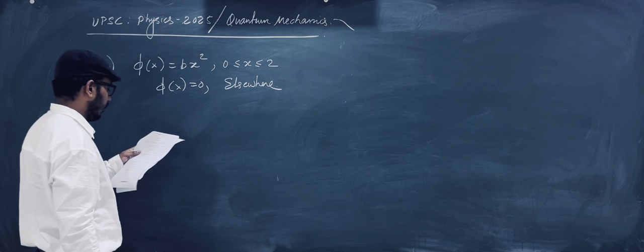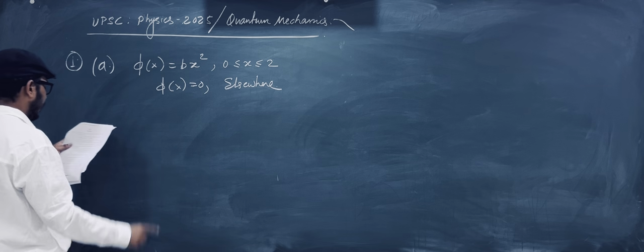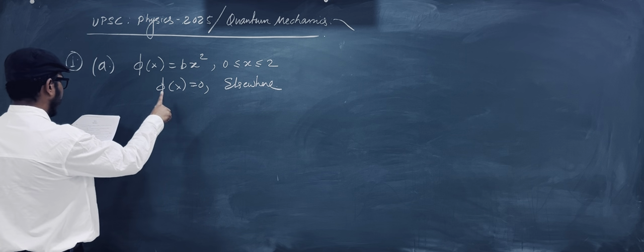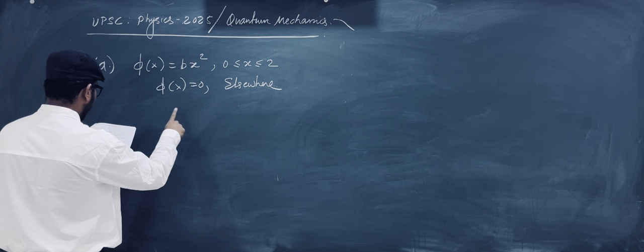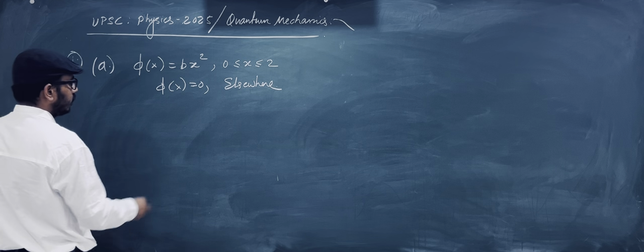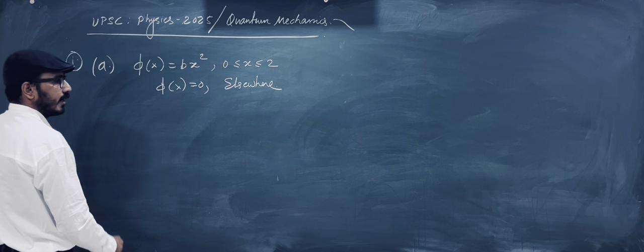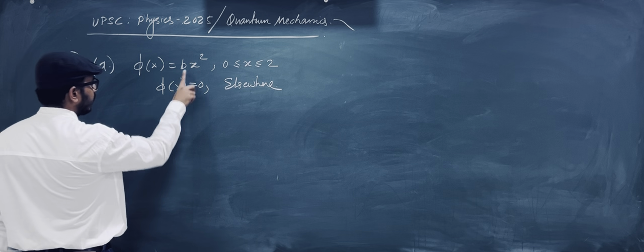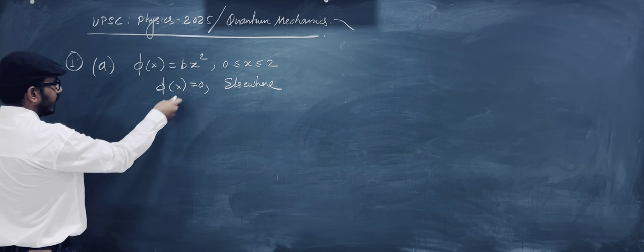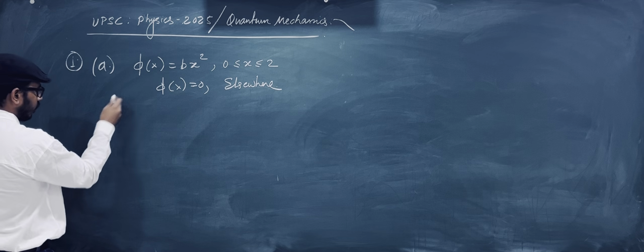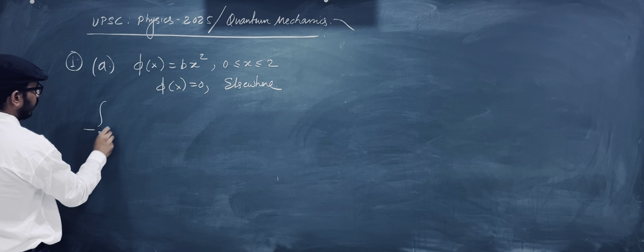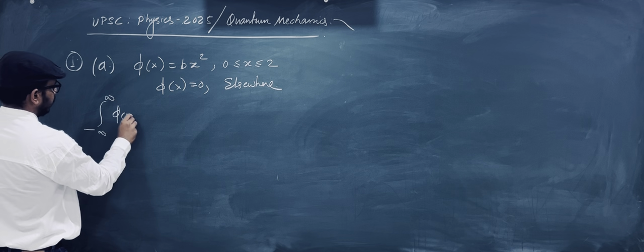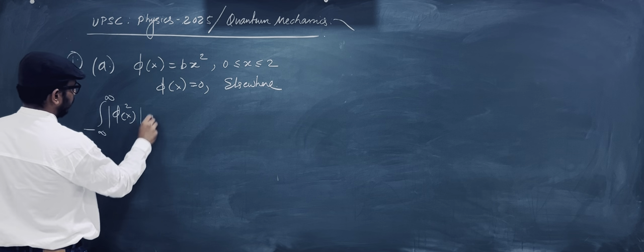So the first thing we have been asked is the probability that this particle exists between 1 to 1.5. So first, the wave function is not normalized, so we can normalize this function. So if we apply the normalization condition, we can write minus infinity to infinity psi x square mod dx is 1.